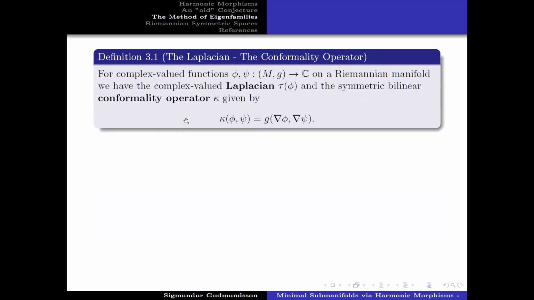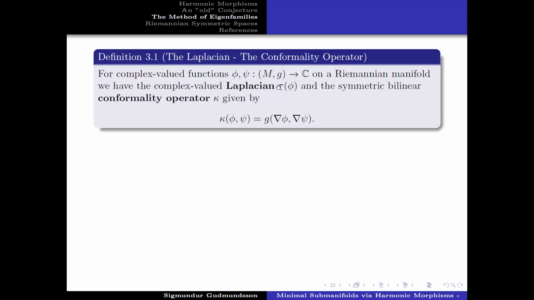Now we come to the method, our method of eigenfamilies. So we have a Riemannian manifold, the complex plane, and then the Laplacian.